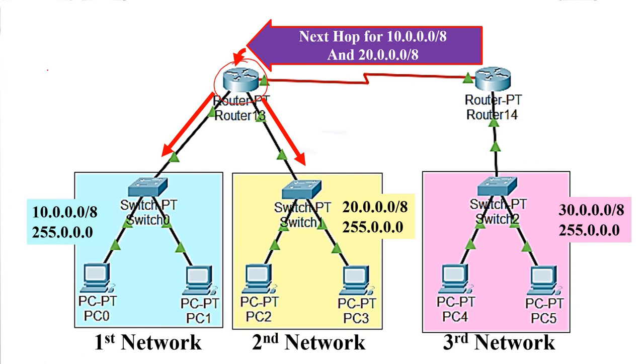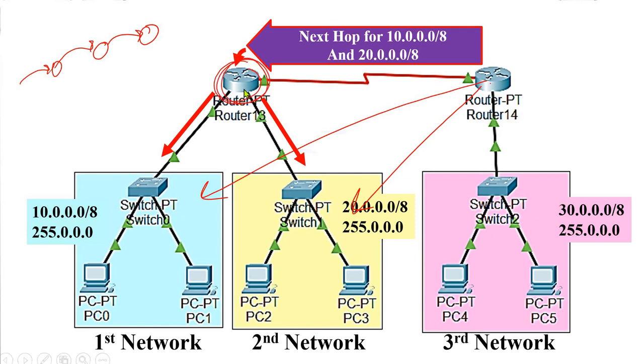Next hop means every intermediate node is a hop in the network path. So for this router to reach this network and this network, this router is acting as the next hop. While providing the IP routing, we need to take care of networks only, not the connected host IDs. So here we are dealing with network ID only.